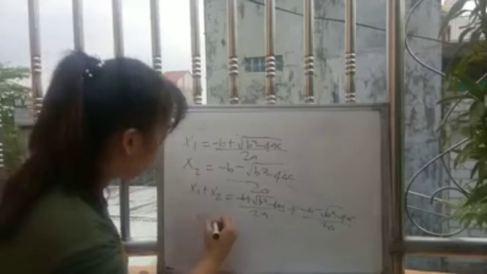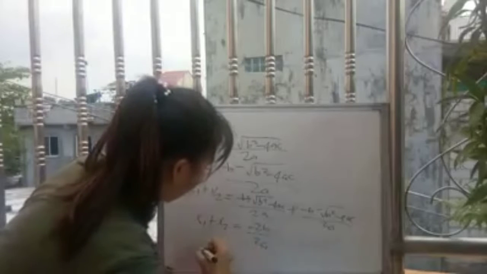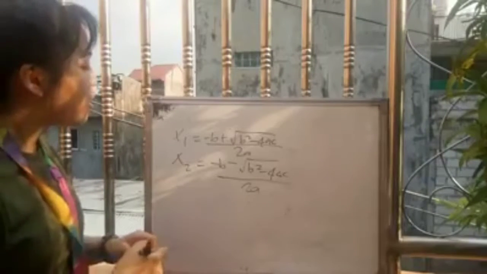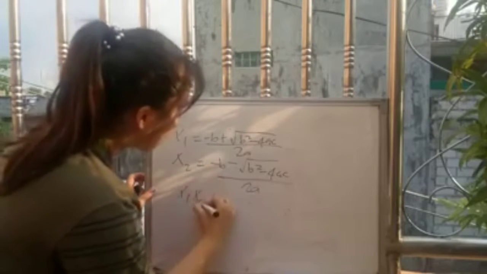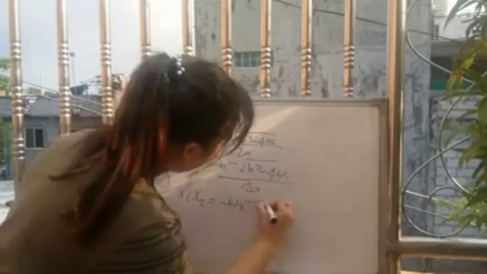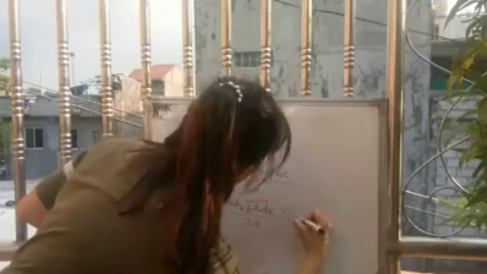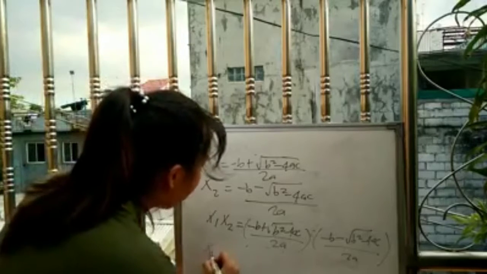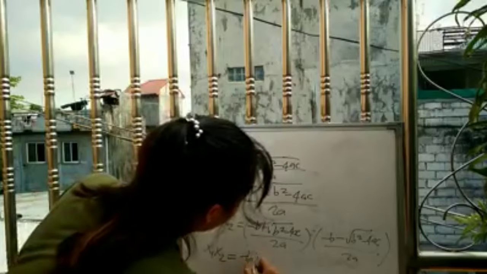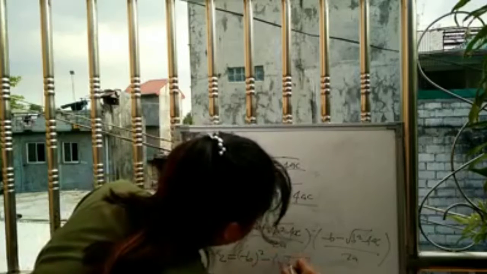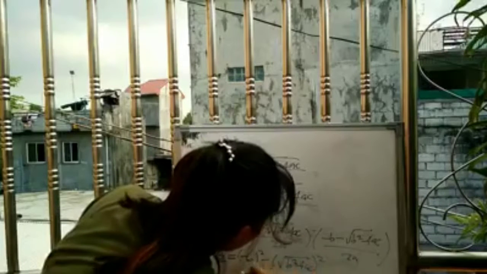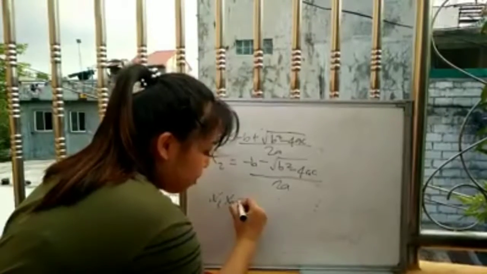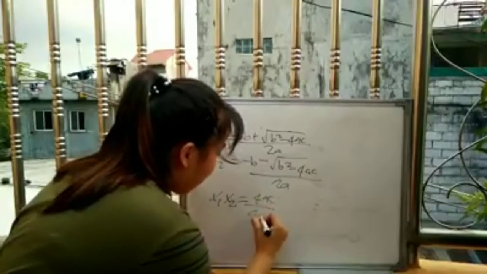Then it will become... and now let's continue with the product of x1 and x2. x1 times x2 equals negative b plus... it will become x1 times x2 equals negative b squared minus the quantity square root of b squared minus 4ac, quantity squared, over 4a squared. x1 times x2 equals 4ac over 4a squared.